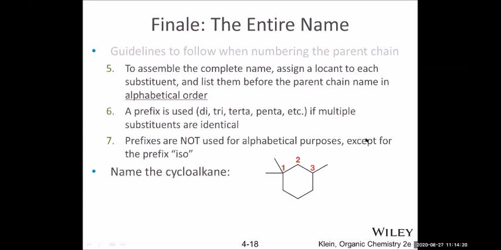And finally, just add together. If there is more than one of the same kind of substituent, let's say you have more than 1 methyl group, you just add the di-, tri- prefixes to describe. 3 methyl groups in the structure, then that is a trimethyl, and so forth.